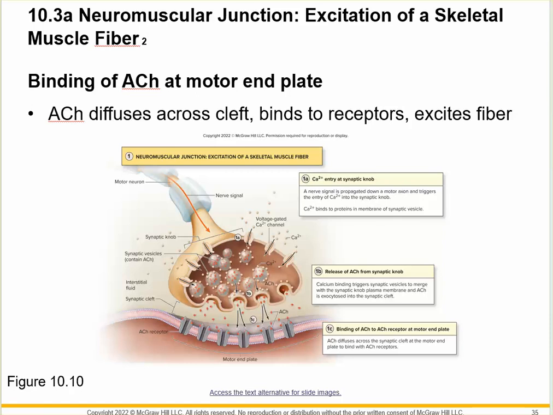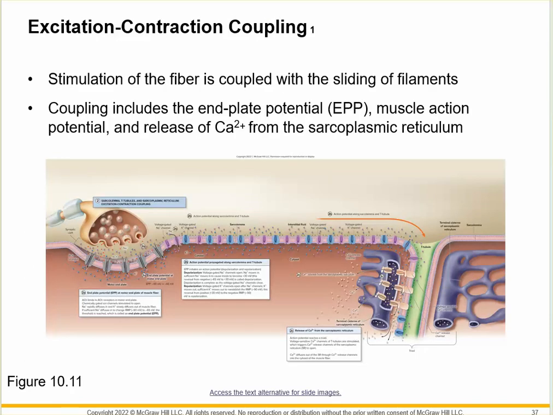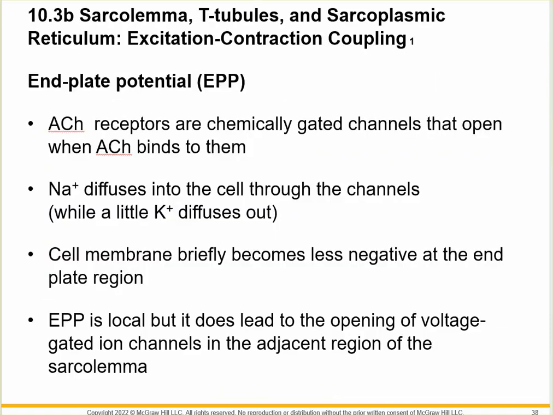It causes the action potential to start and propagate along the sarcolemma down the T tubules, which then causes the depolarization of the sarcoplasmic reticulum, which causes the release of calcium from the sarcoplasmic reticulum into the sarcoplasm. Right?